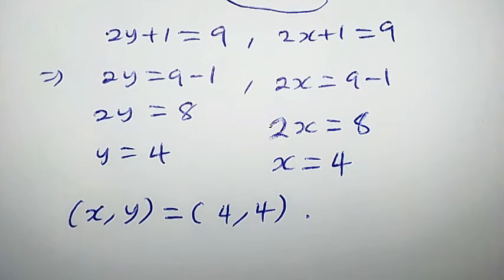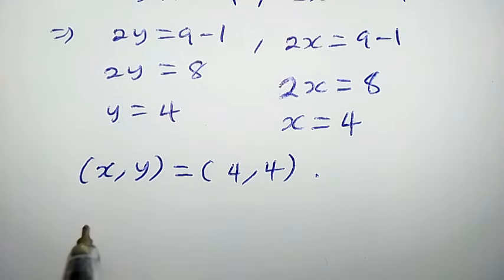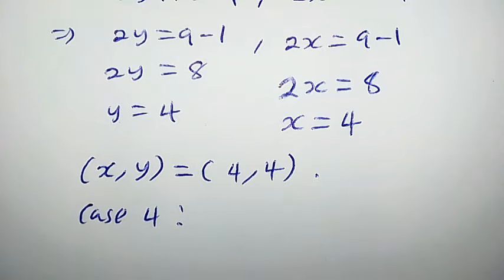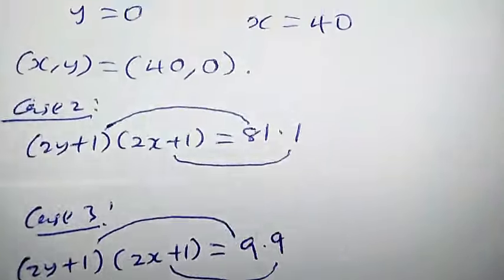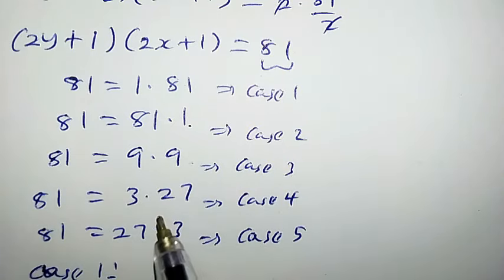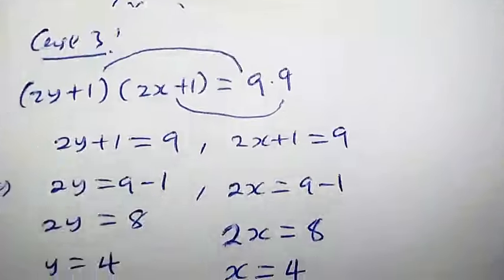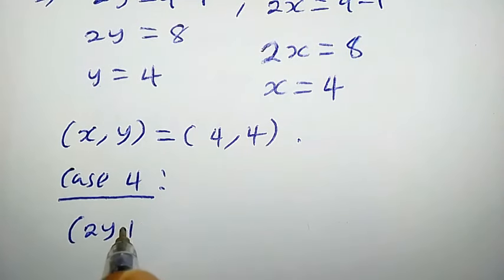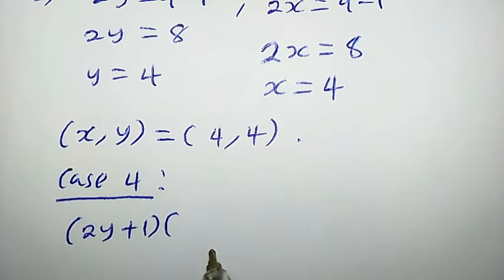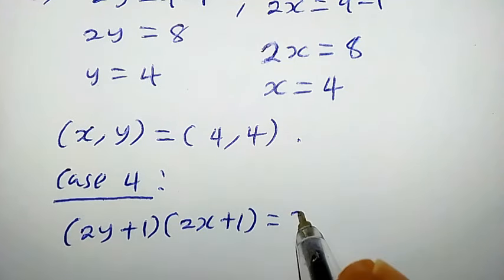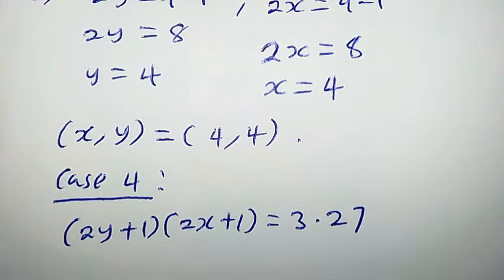Now, let us consider the fourth case, case 4. For case 4, we are going to replace this 81 with 3 times 27. We have (2y plus 1) times (2x plus 1) equal to 3 times 27.